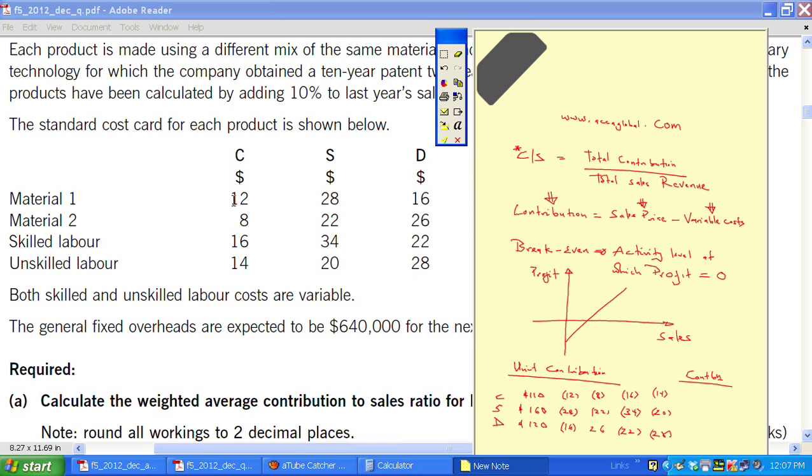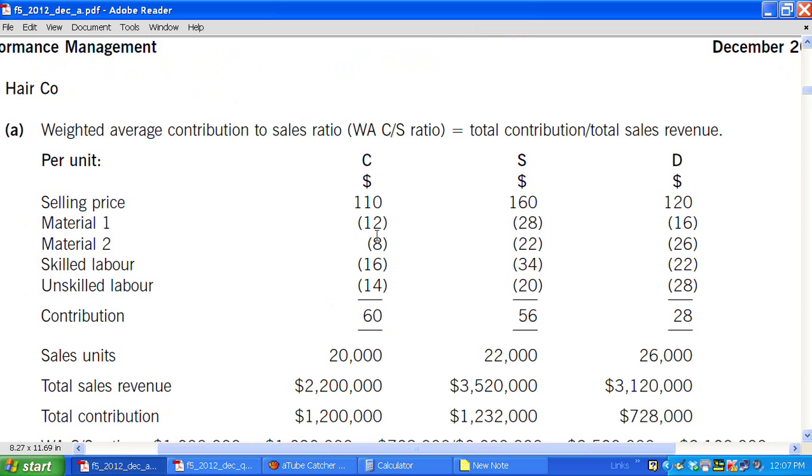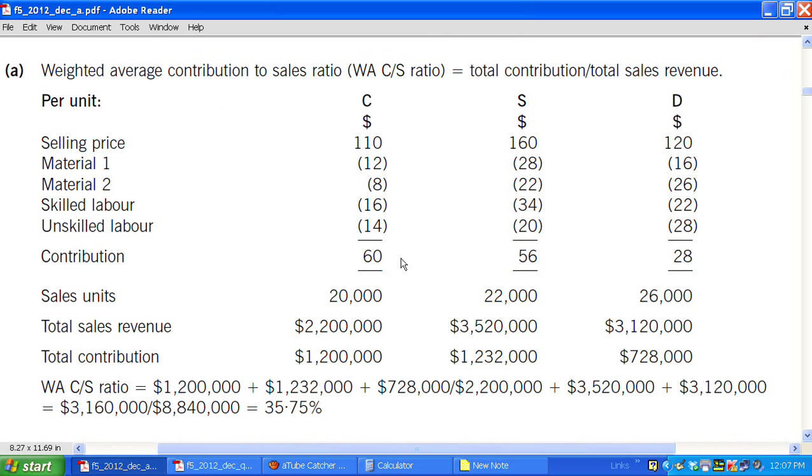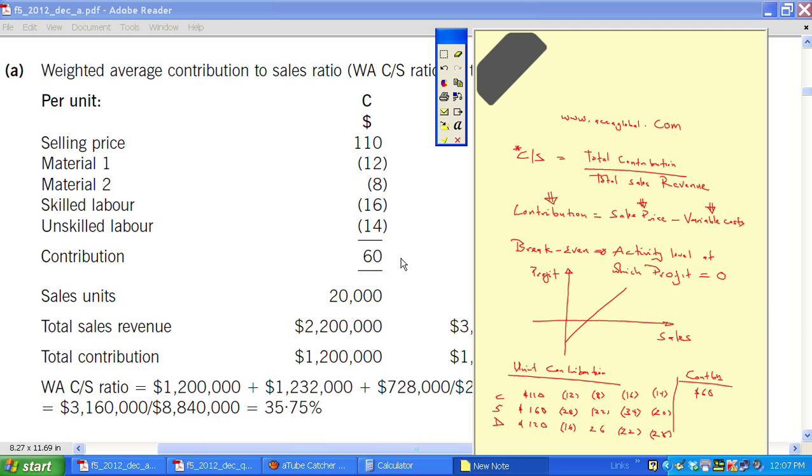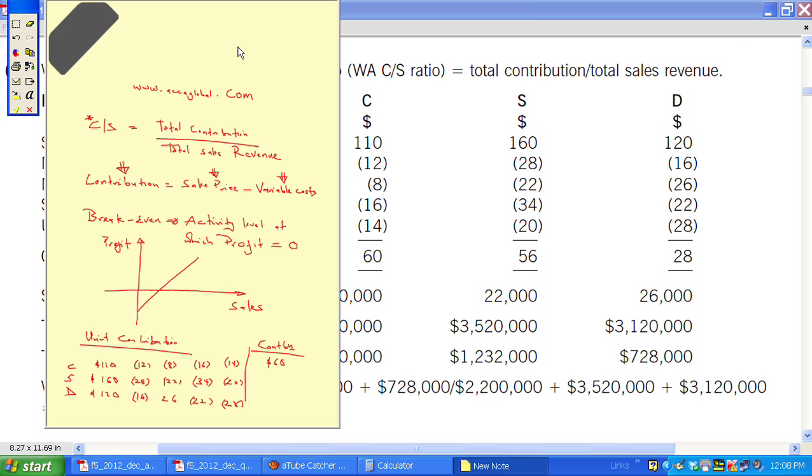So we're able to calculate the contribution. If you quickly go back to the answer, you can see that's exactly what they've done, and the answers they get are 60, 56, and 28.